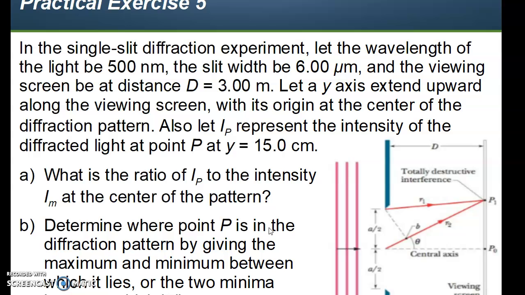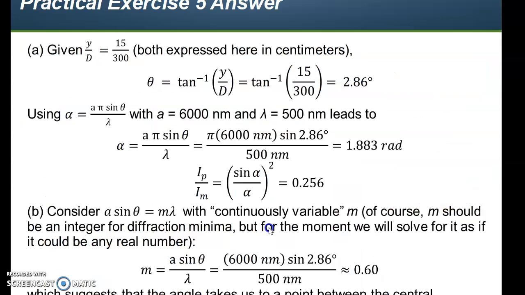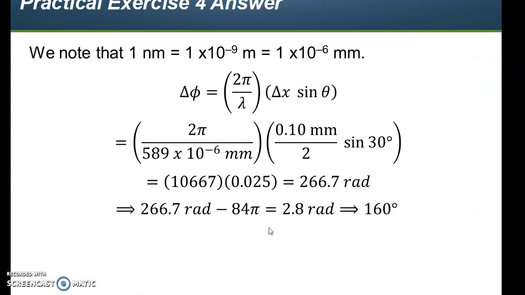Now 0.447 radians times the number of degrees per radian, which is 57.3. There are 57.3 degrees per radian, and that's how you get the 160 degrees here.